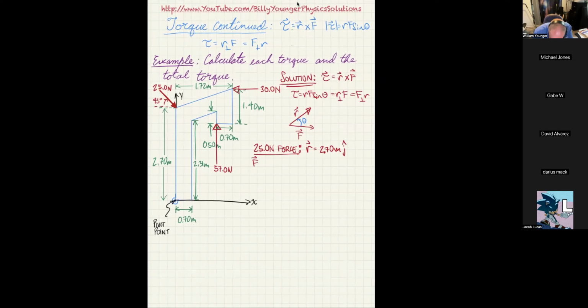So F in this case would be 25.0 newtons times cosine 45, in the positive i hat direction, and then minus 25.0 newtons sine 45 degrees in the j hat direction. So that is completely true.